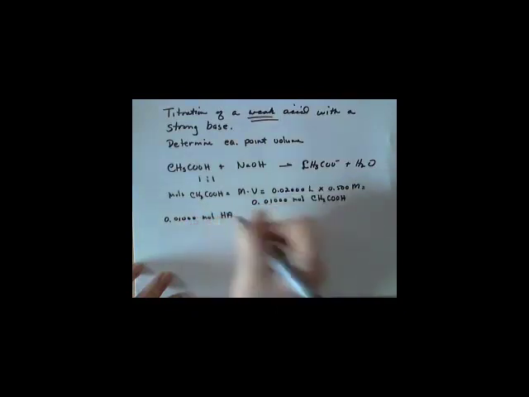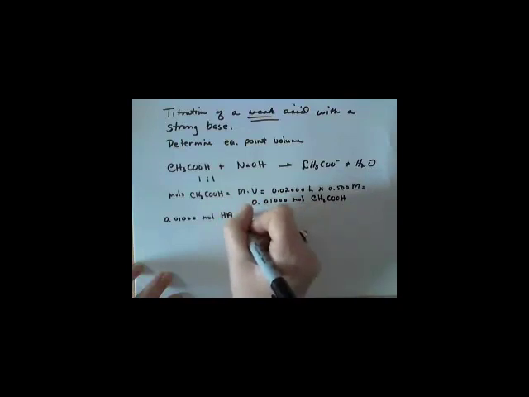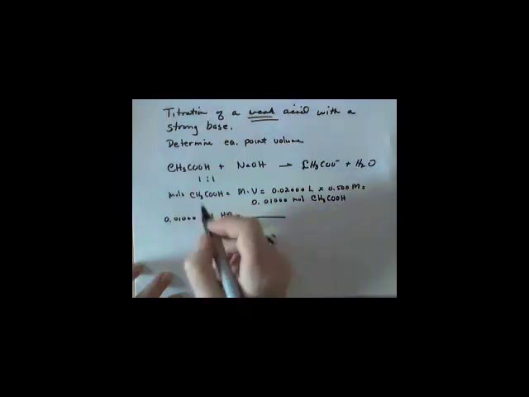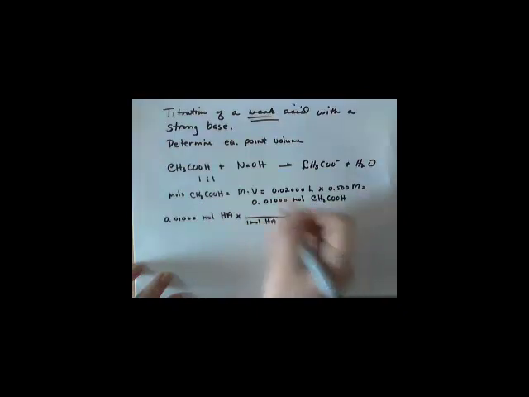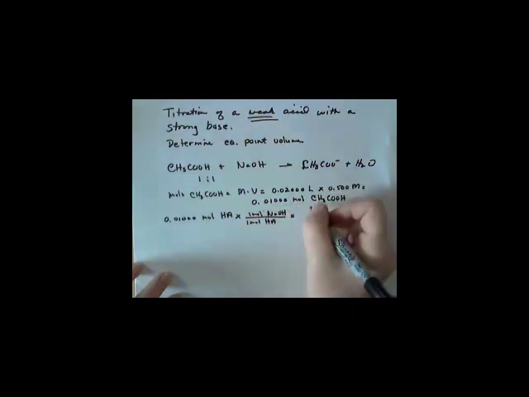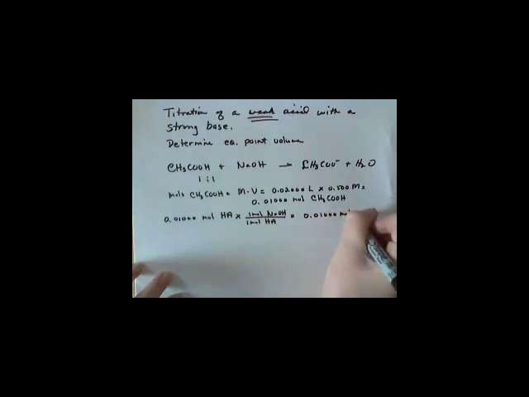I'm just going to represent that by HA. It's a little easier to write. And then I use my balanced chemical equation. I have 1 mole of acetic acid for 1 mole of sodium hydroxide. So that means it's going to take 0.01 moles of sodium hydroxide to completely neutralize the acid.